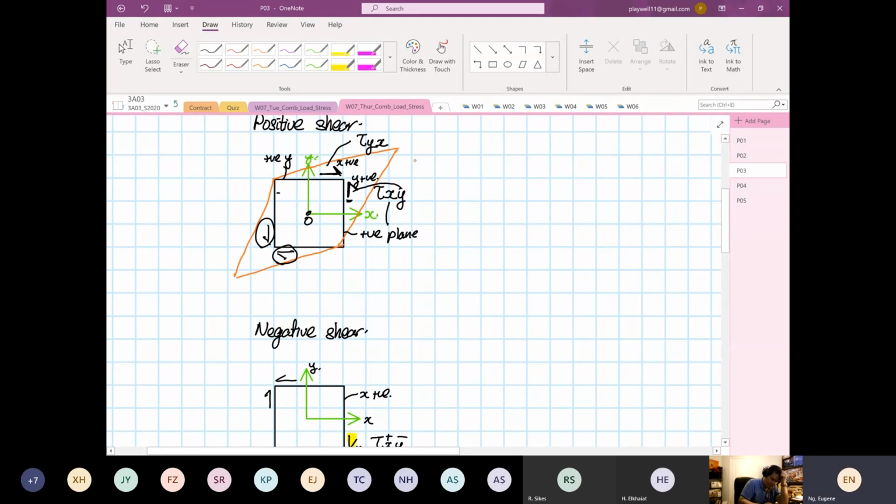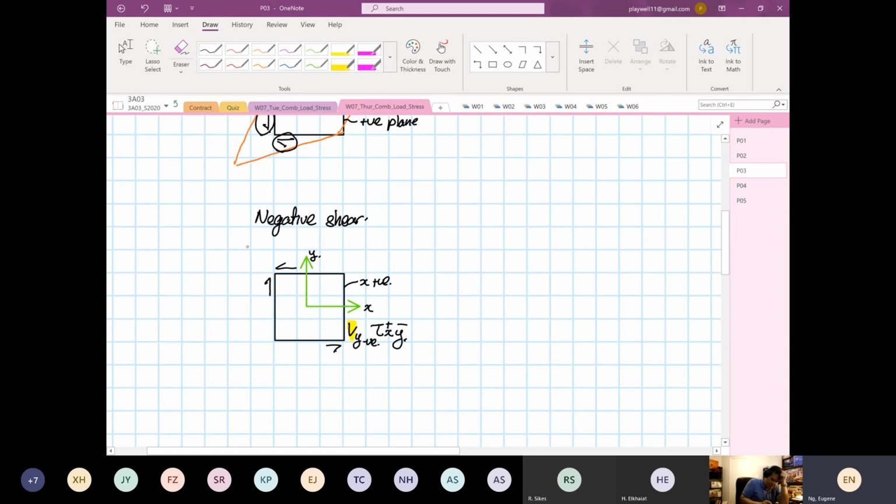Okay. So this is your deformation pattern. And then when you pinch the other side, that is the other deformation pattern.